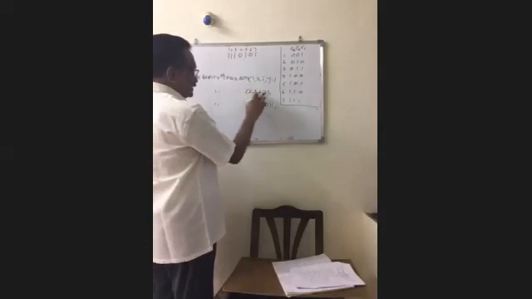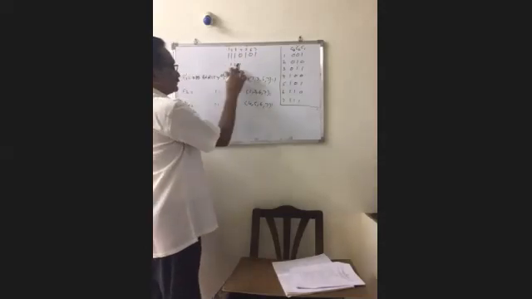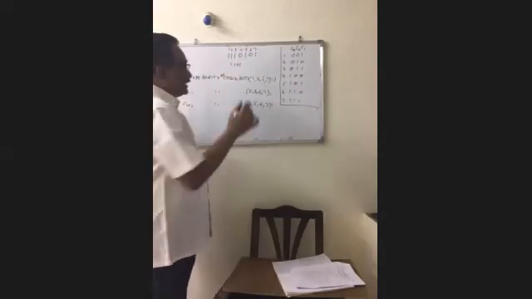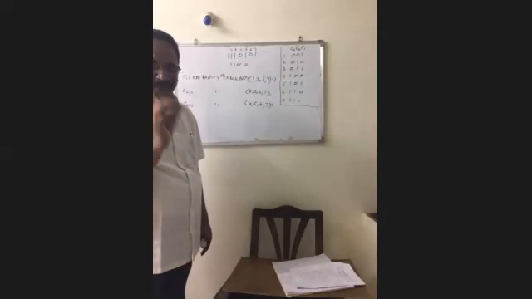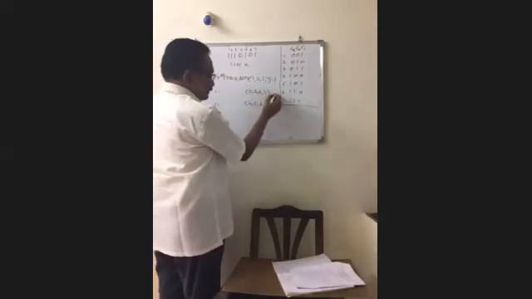Next for 2, 3, 6, 7: the bits are 1, 1, 0, 1. How many ones are there? 3, an odd number, so the odd parity bit is 0.